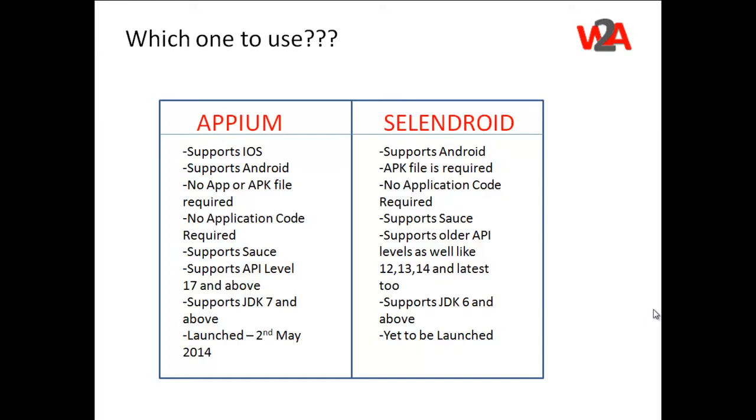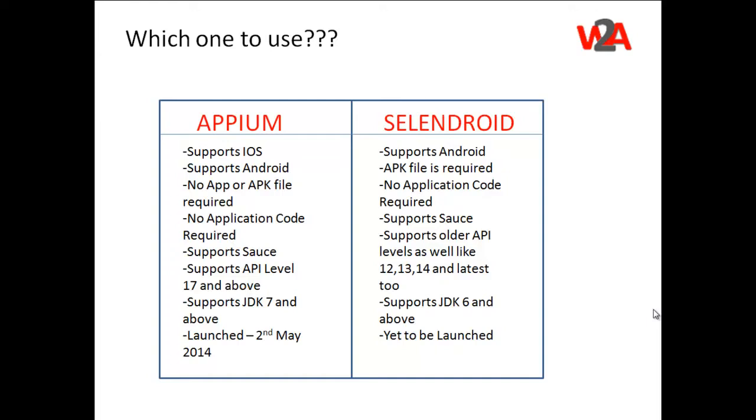In the course, we're going to talk about both Appium and Selendroid, and we'll see how to perform mobile automation testing on various apps. We will pick up lots of real mobile applications and perform testing on them. We'll also take a real Android device and automate our tests on it.